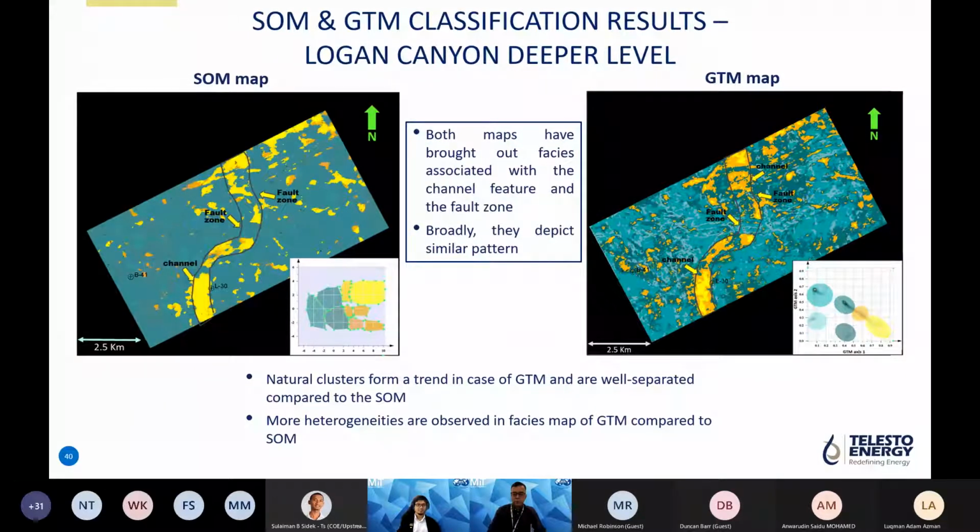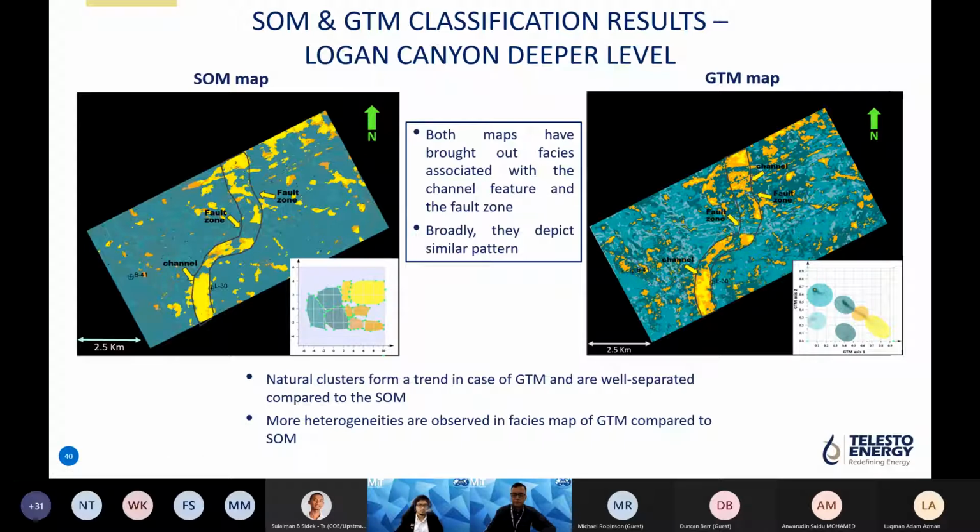So this is another level in the Logan Canyon, deeper level. What you can also notice here is the channel is brought out very clearly, and we observed a gap there in between. So we wanted to cross-check why there is a gap that is existing. We can see in this area, so why is there a gap existing?